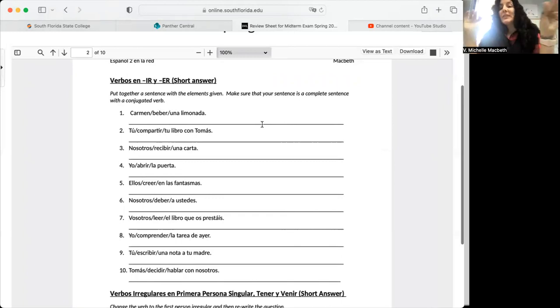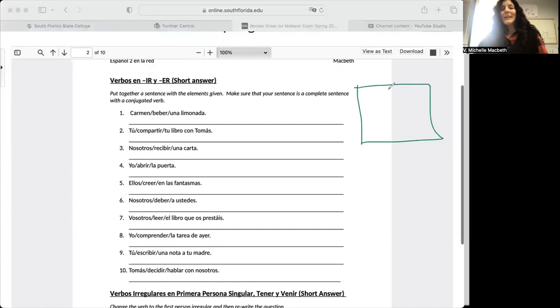I need to have all of the information that I need in order to complete this assignment. So what am I going to need? If I'm going to conjugate IR and ER verbs, what do I need? If you guessed a verb box, you are 100% right. I need a verb box to tell me what my endings are.